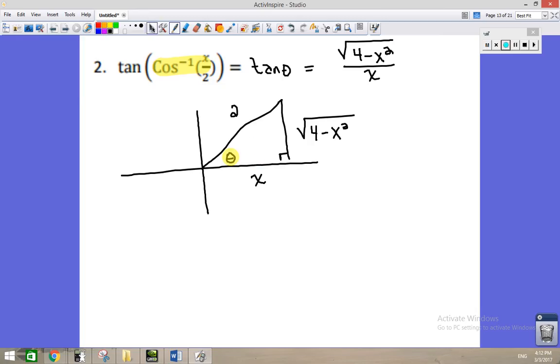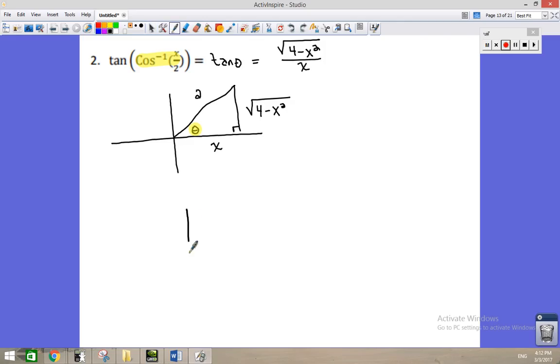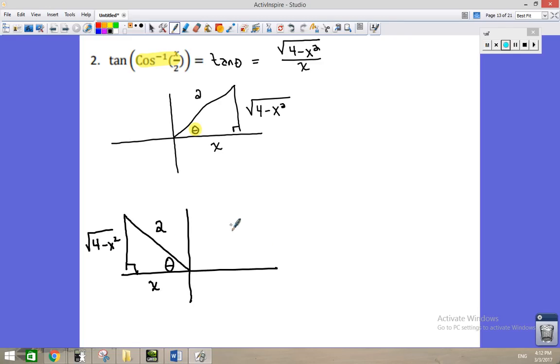Now, is it possible that if this x were a negative value, if we claimed that this theta was in quadrant 2, it would still have the adjacent leg x and the hypotenuse 2, and this would still be the square root of 4 minus x squared, and we would get the same answer because we're taking the tangent of theta.